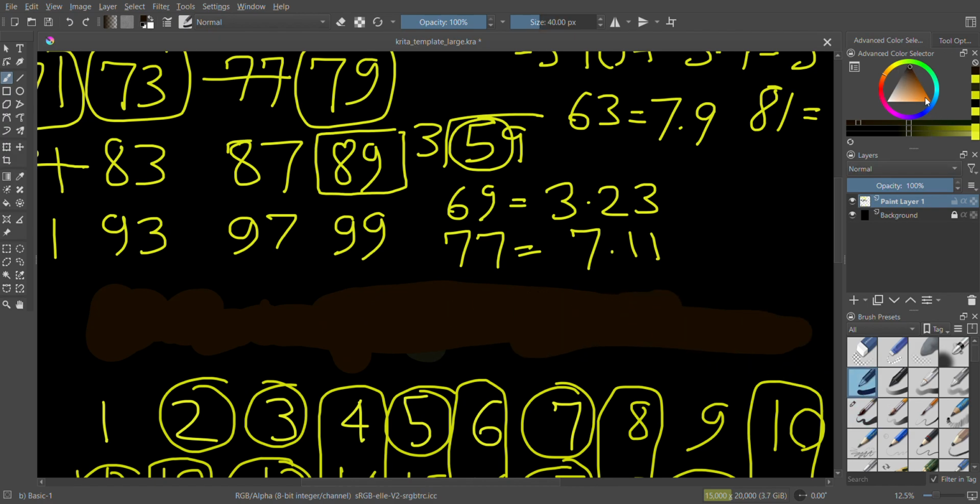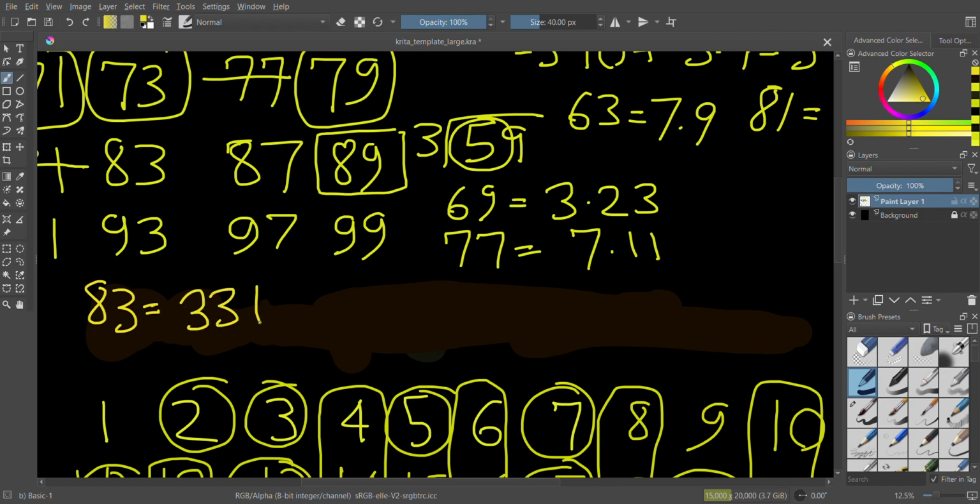Okay, so then that's a brighter yellow. So 83 is equal to what? 33 plus 50? That doesn't work out. That doesn't work out at all. What was 83?